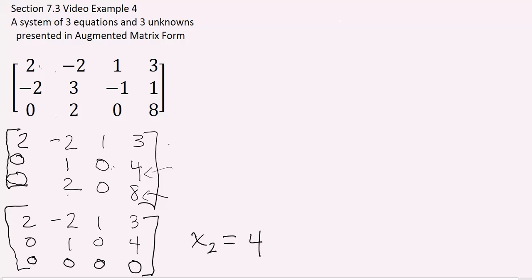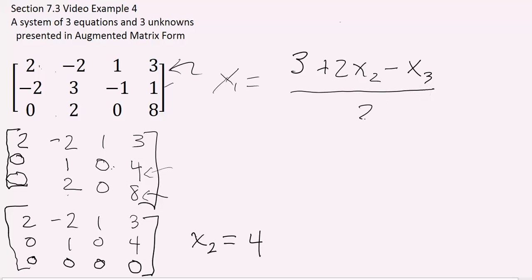But from the original row 1, we know that x1 could be written as 3 plus 2x2 minus x3, all divided by 2.